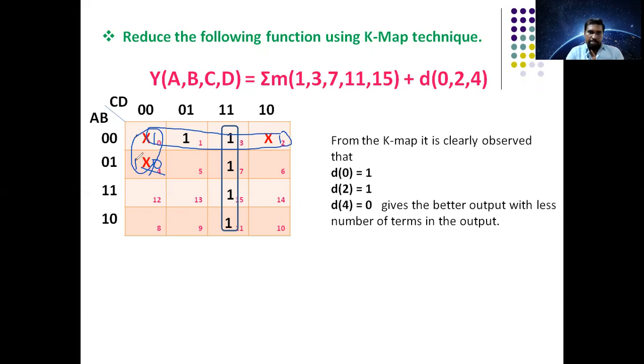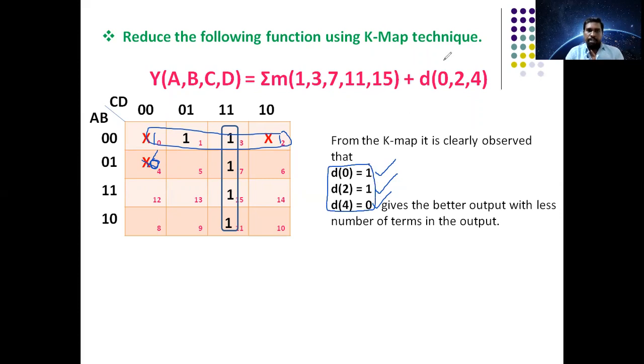Okay, if I replace 1 here, definitely I should make this pair so that there will be one more term added in my expression, right? So instead of doing all that, for the small change, if I keep 0 here, then I no need to bother about this cell, right? So you should put d of 0 is equal to 1, d of 2 is equal to 1, and d of 4 is equal to 0. Under these circumstances only, you will get the minimized expression.